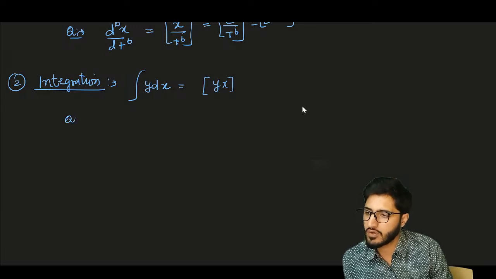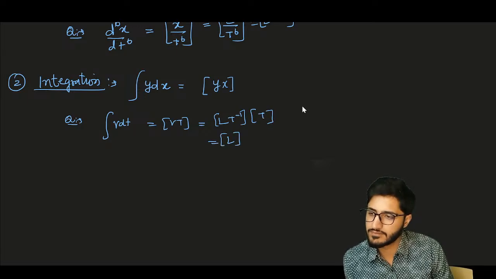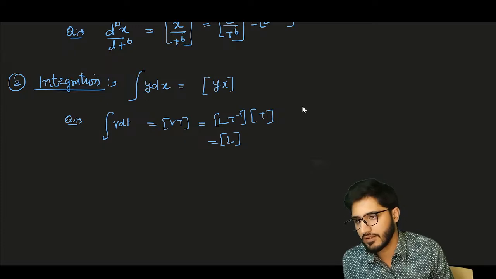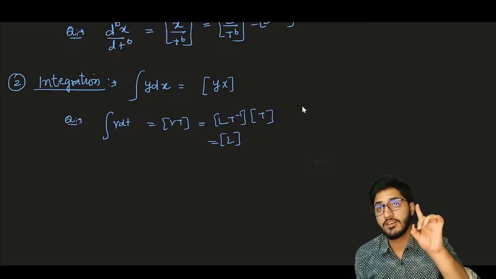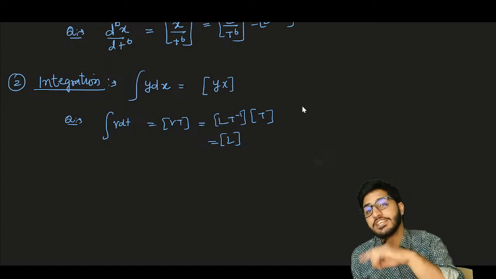Let's take a numeric question to get it clear. Integration of v dt. It is only vt. What is v? V is velocity, that is LT minus 1. Time is T. So we will get only L. If we do the integration of velocity, we will get a displacement, that is L.